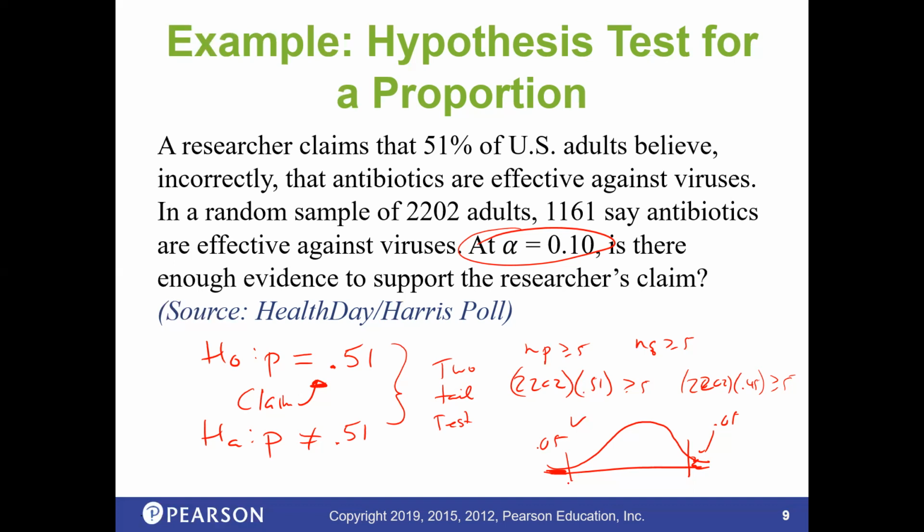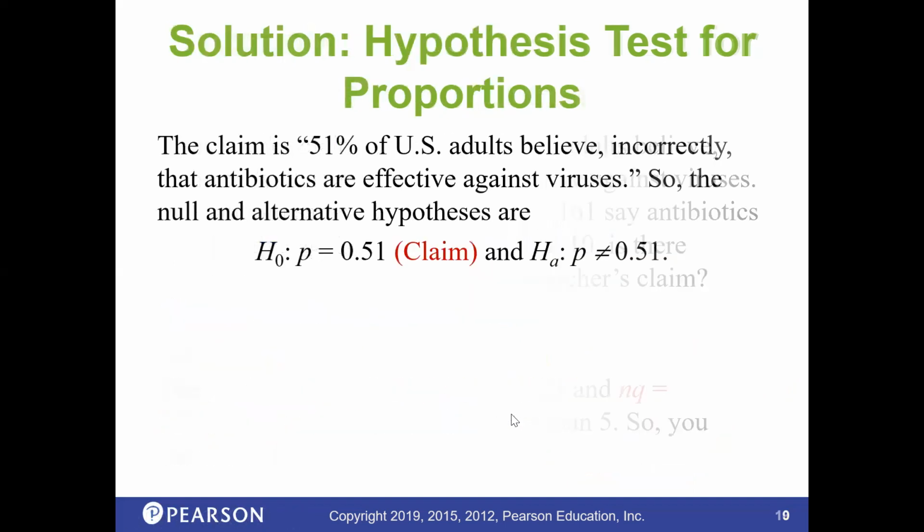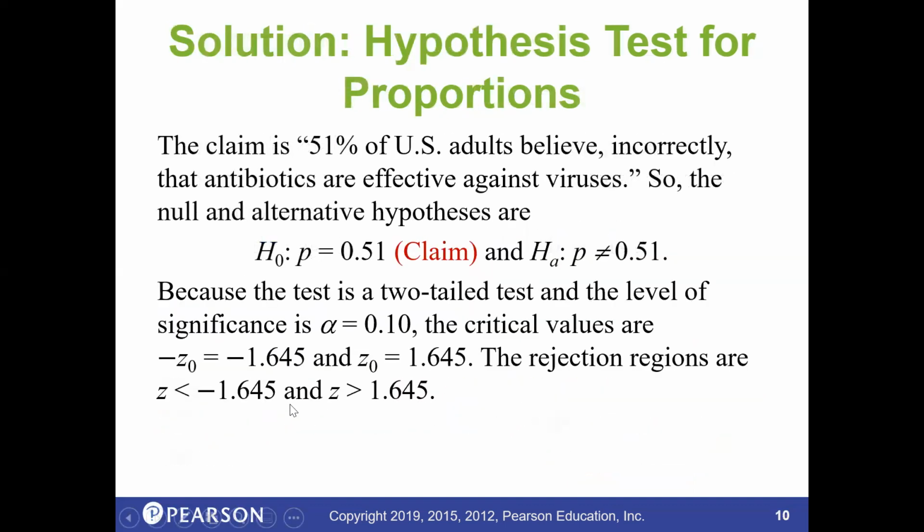Okay, everybody found those. So I got myself a negative 1.645 and a positive 1.645. That's what I'm looking for. So here it is. My critical values are negative 1.645, positive 1.645. Now let's go on. Let's calculate our z value.